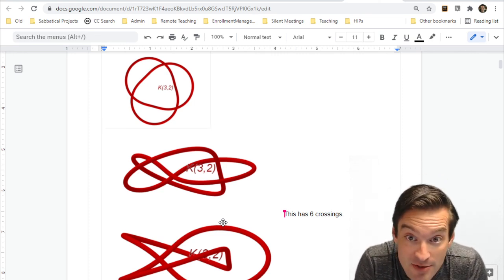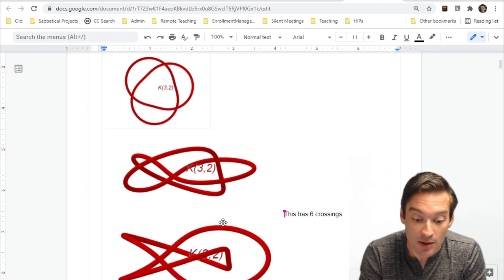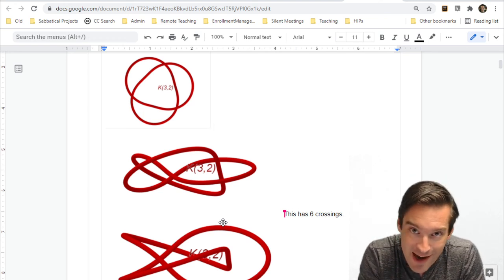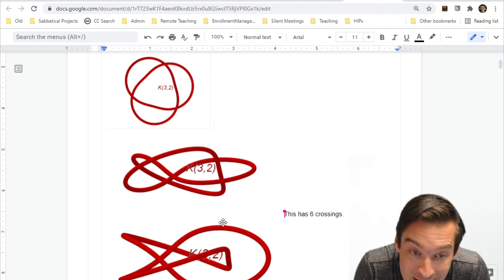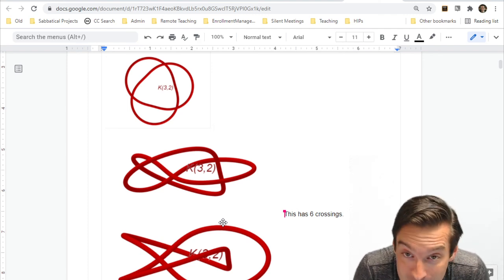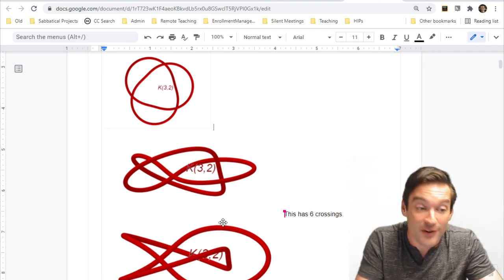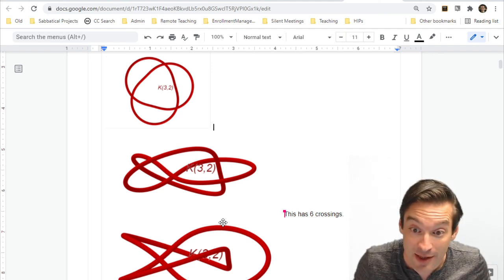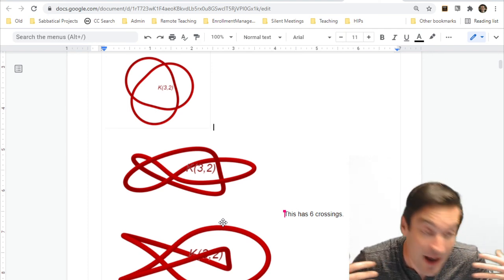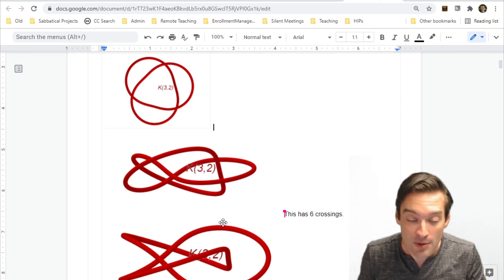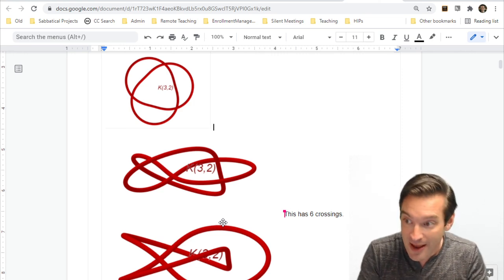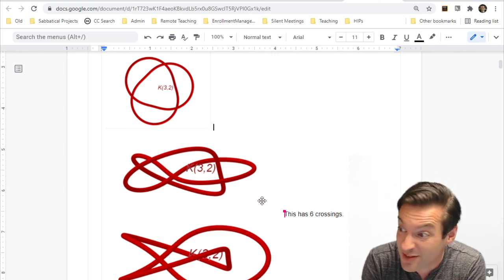How can we possibly wrap our heads around the usefulness? How can diagrams be a useful tool at all, given that every knot probably has infinitely many different diagrams that could represent it? We could make infinitely complicated diagrams of any knot that we want to. So how can we get any value out of studying the diagrams for knots? That's the big question.